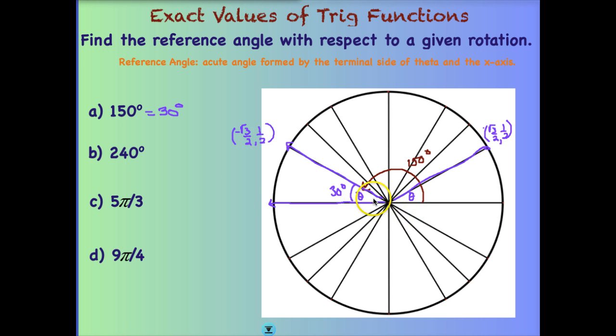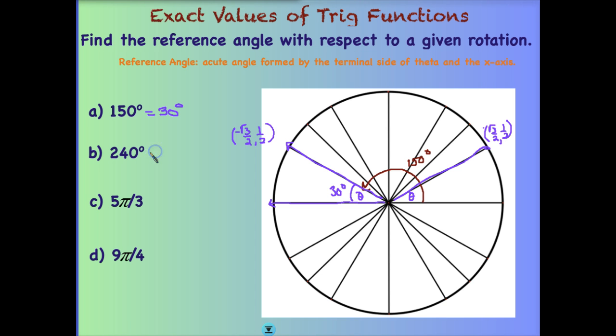So if we notice that this 30-degree angle is the same as this 30-degree angle, we define the exact value at 30 degrees to be root 3 over 2 comma 1/2. So since the 150-degree rotation lands us on a reference angle of 30 degrees, we have the same exact value, except that because we're in quadrant 2, our x is now negative root 3 over 2.